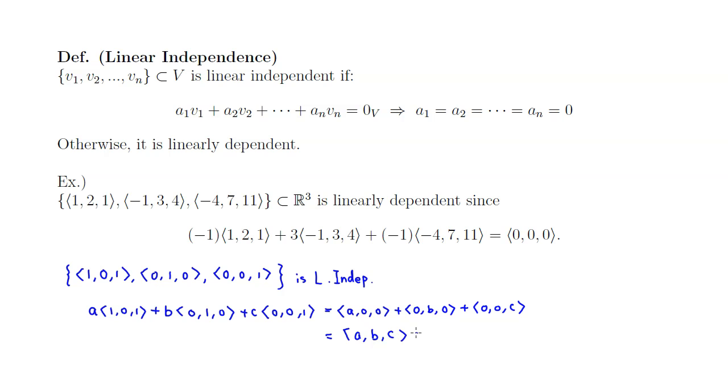But if this is equal to the 0 vector, which is (0, 0, 0), then you see that A has to be 0, B has to be 0, and C has to be 0. So we know that A is equal to B is equal to C, and that also has to be equal to 0, right?